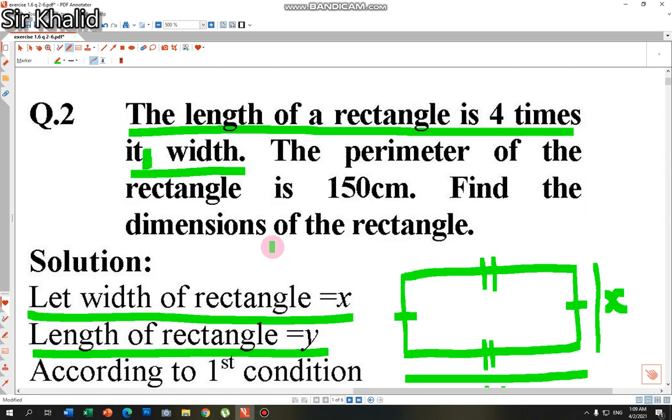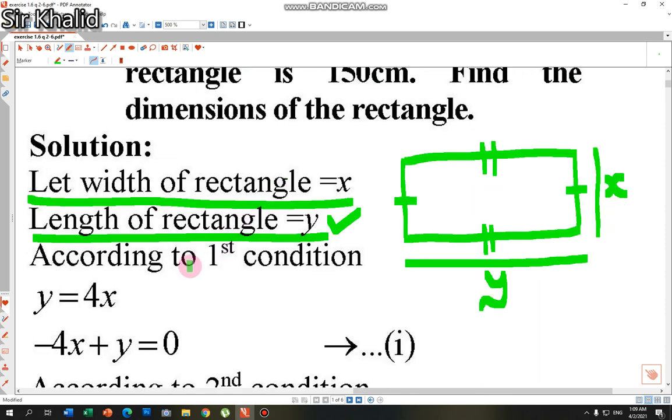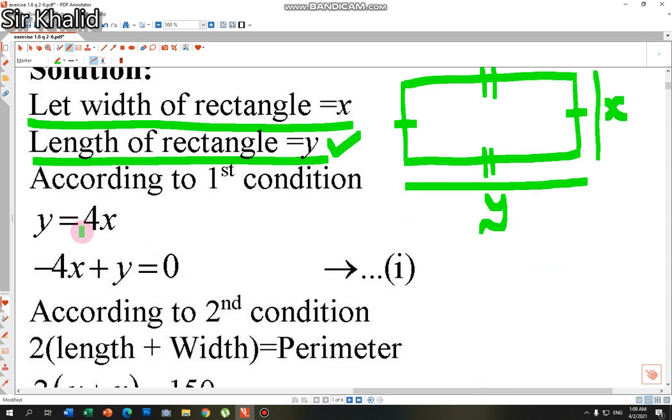Now pay attention to this concept: the length of a rectangle. What we supposed as the length of the rectangle is y. Now y, the length of the rectangle, is 4 times its width, and width is equal to x. So the very first equation that I formed is y is equal to 4x.